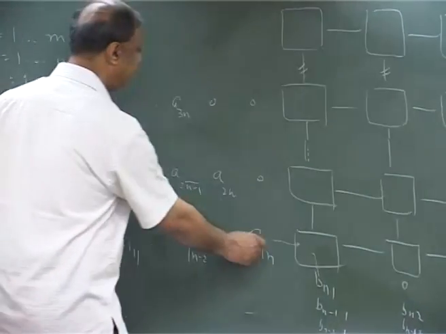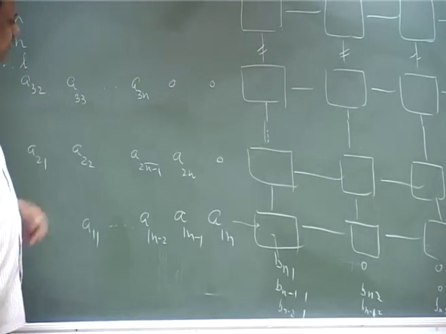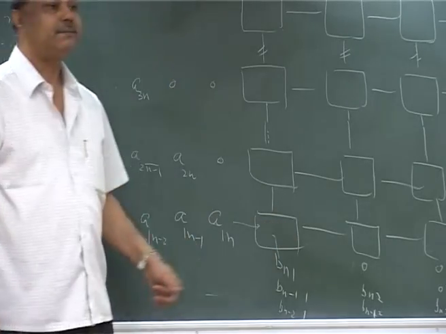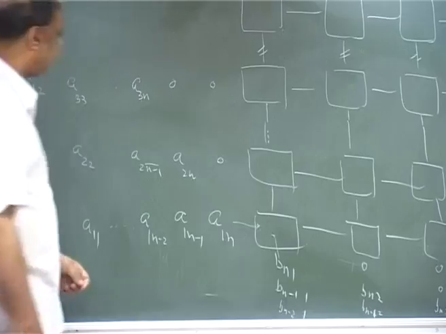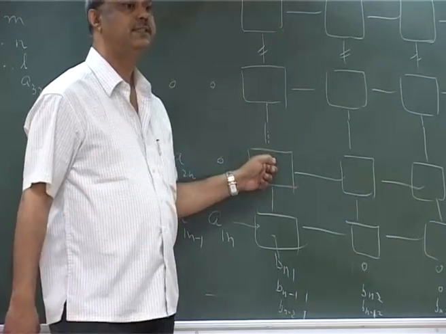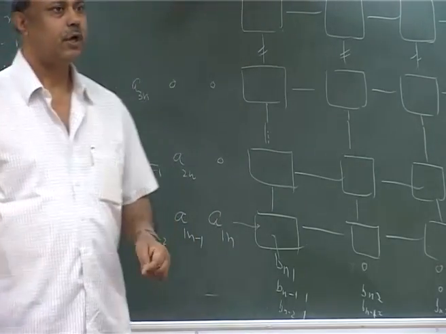Once you move this one, this data is moved to this place, this data has been moved to this place. So in the next cycle, this data will be here and this data will be here, which is multipliable and is to be stored in C11. And at that time, this data will be moved here and multiplied, which is also multipliable, and so on.